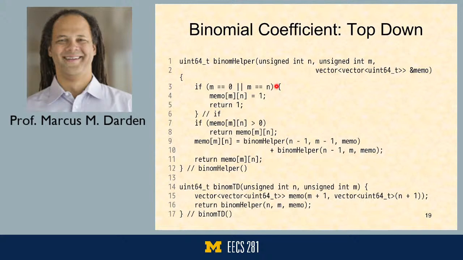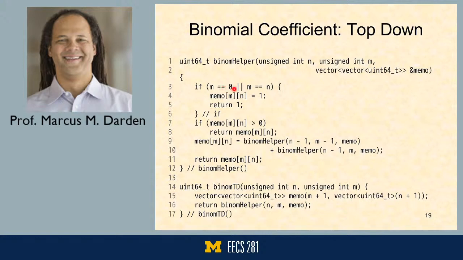So in this case, I'm passing it in by reference so that the setup function, this binomial TD, which calculates the binomial coefficient top down, it should be binom TD, right? Binom TD needs to be able to change the dimensions on that whenever someone asks for a different choose. All right, so binomial helper here, and then all of that stuff that we saw previously.